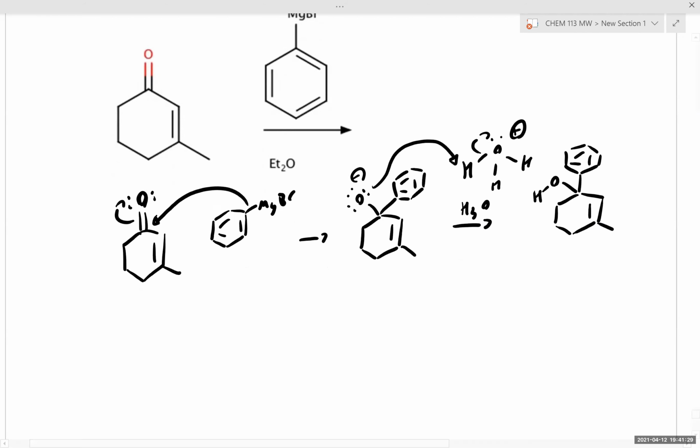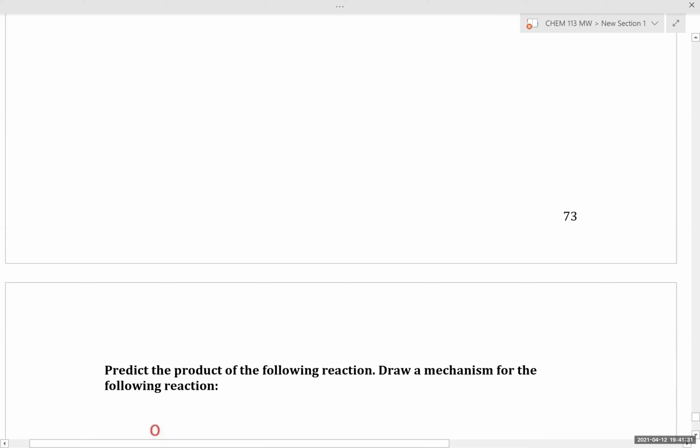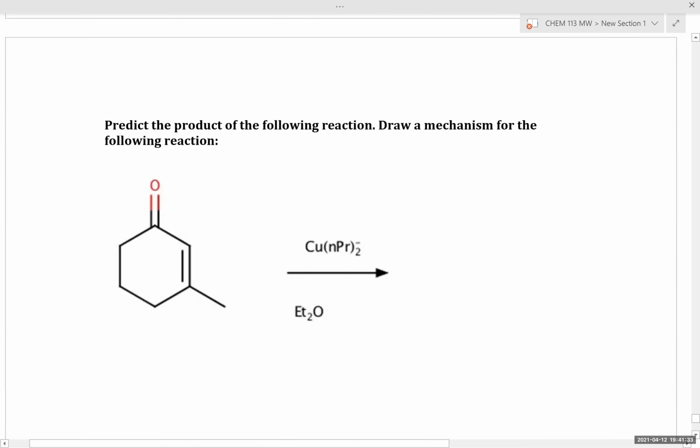Okay, so let's keep going now. We have the same substrate, but this time we're treating it with a Gilman reagent. So in this case, we have this organocuprate reagent.